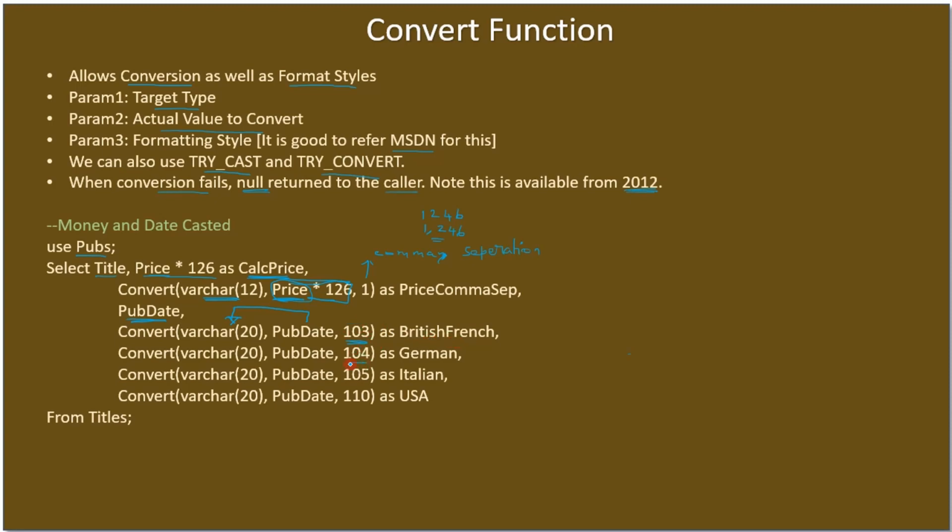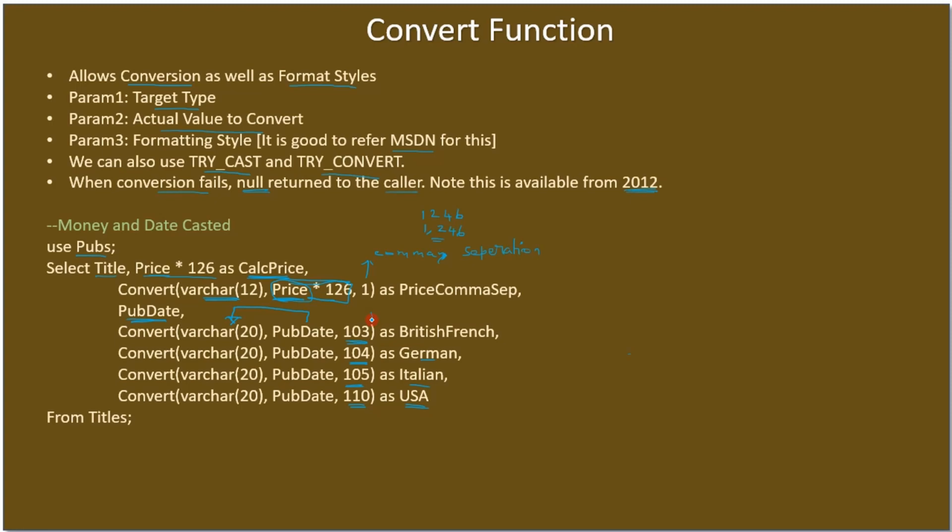We convert the same date into different forms. The first converts the date into varchar in British French format, the second is in German format, the third is Italian, and the fourth is the USA format.